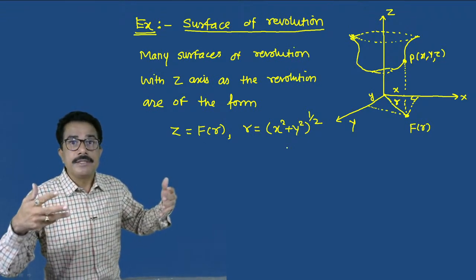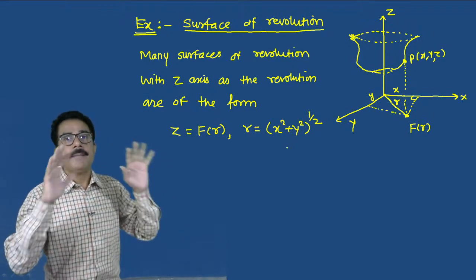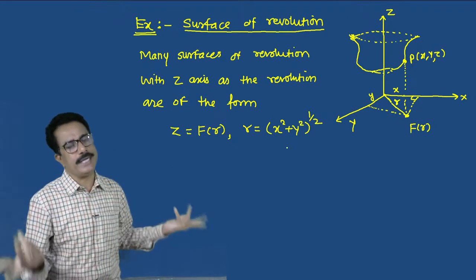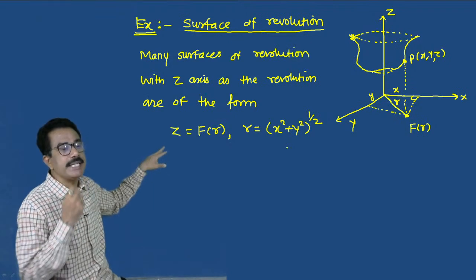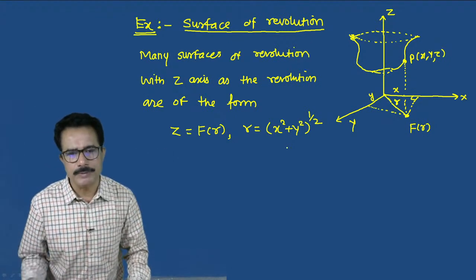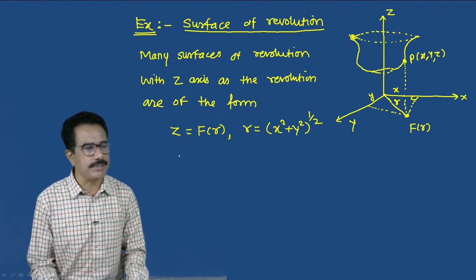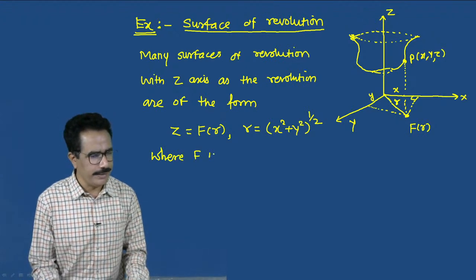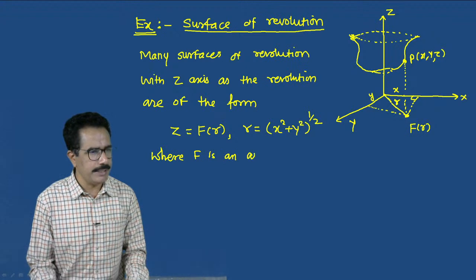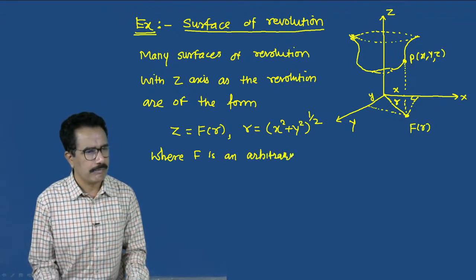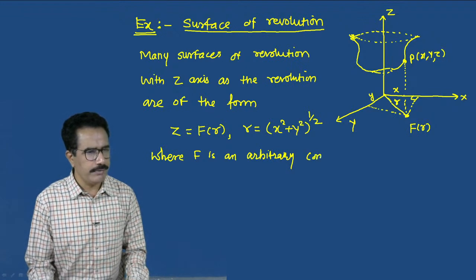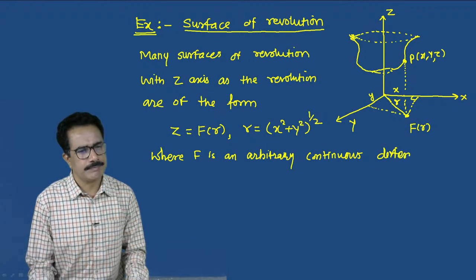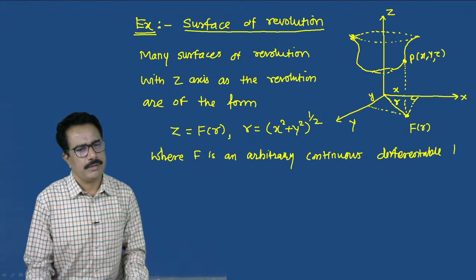We can generate the surface by taking the revolution of a curve about the z-axis, so it can be represented generally in this form, where capital F is an arbitrary continuous differentiable function.